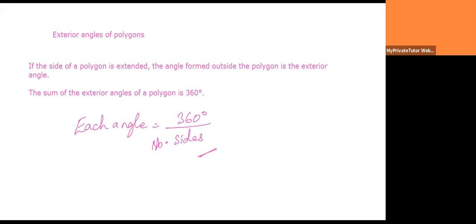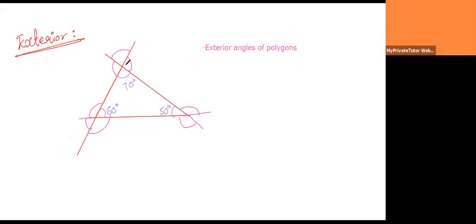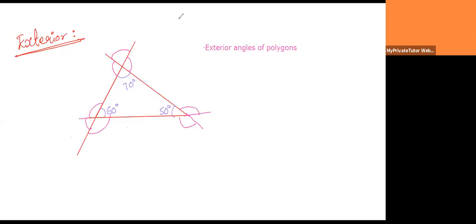But one thing, you just need to consider one way. We are not supposed to consider this entire thing. We need to consider only one portion. Then only those angles add up to 360, the sum of all the exterior angles.